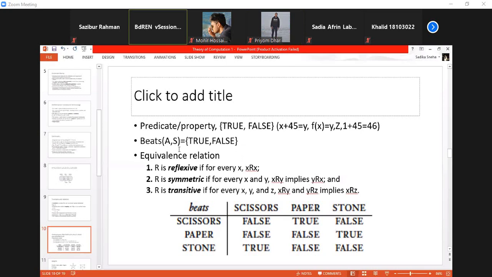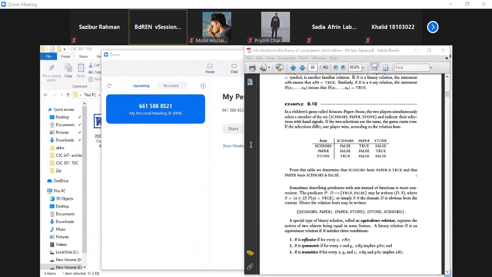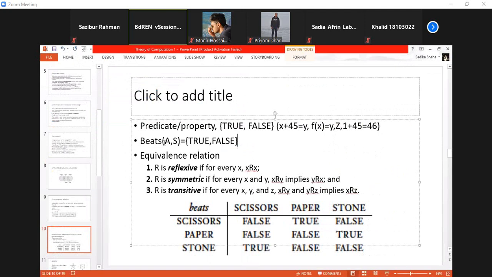If there are k arguments in the predicate function, it is known as a k-ary relation. Look at this carefully. It is not a k-ary function, it is known as a k-ary relation.